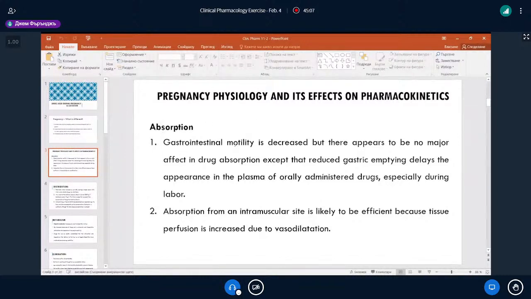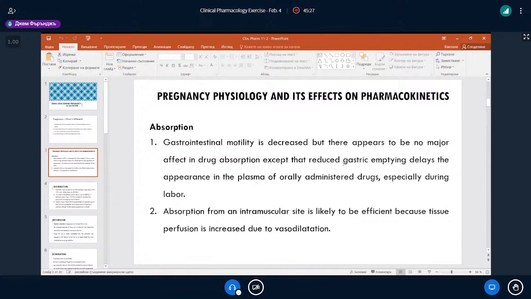So gastrointestinal motility, for example, is decreased in pregnancy, but this appears to be of no major effect in drug absorption, except that reduced gastric emptying delays the appearance in the plasma of orally administered drugs, especially during labor.